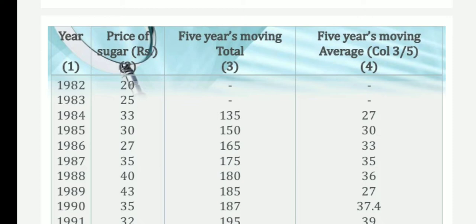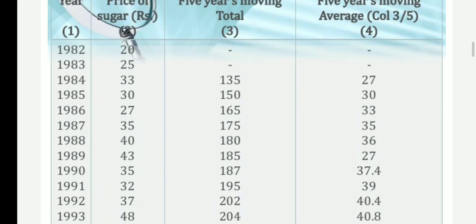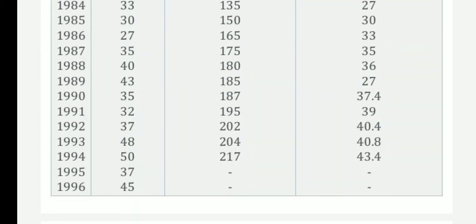Now leave the first two figures, 20 and 25, and for the next consider 33, 30, 27, 35 and 40, that gives you 165. Similarly, do that and you get the totals. The last two places would be blank because we only have 3 values left. Up to the year 1994 it will be there.